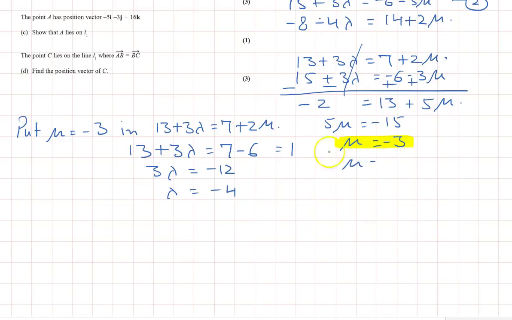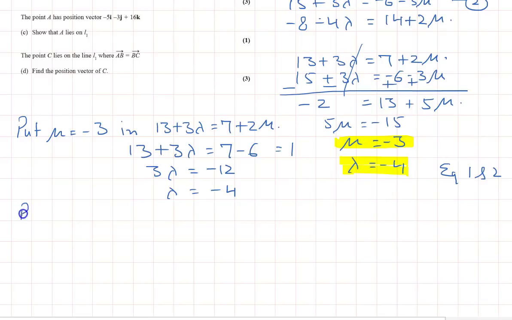So lambda, not mu, lambda is equal to minus 4. We have got these two values from equation 1 and 2.